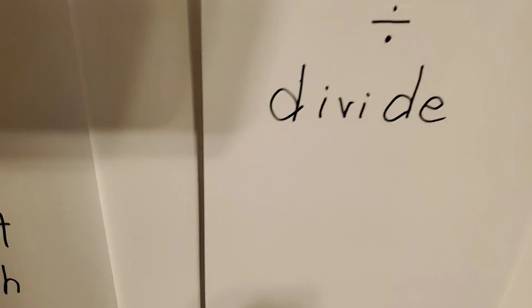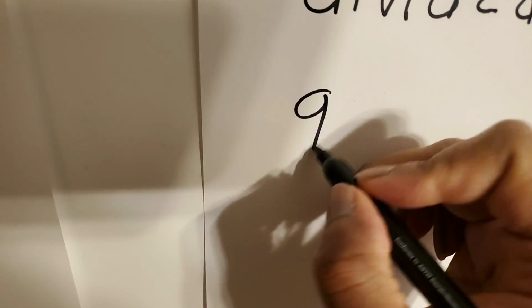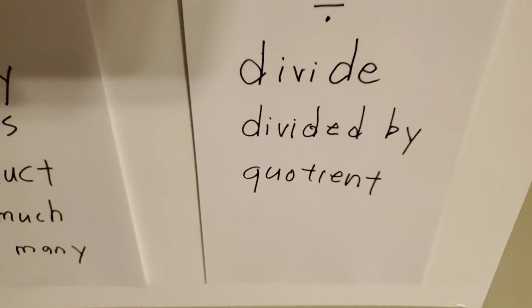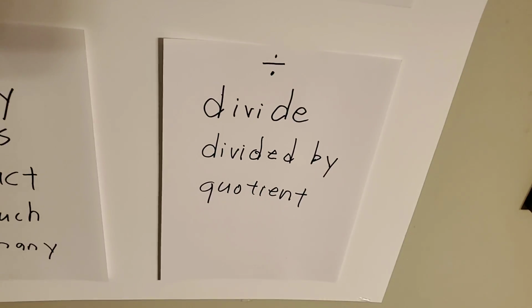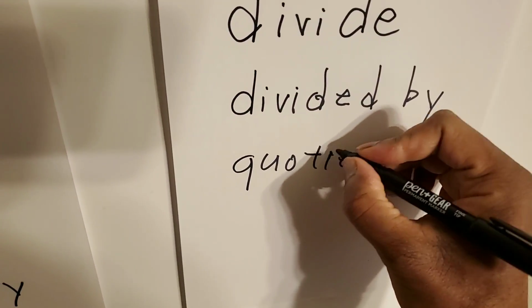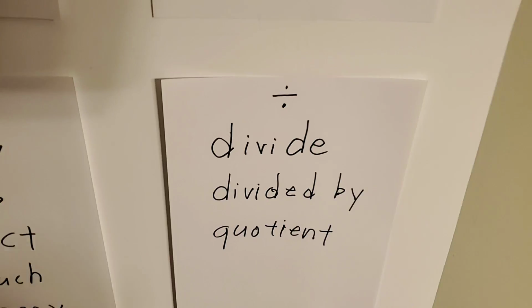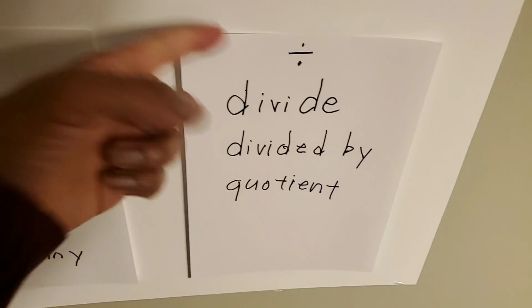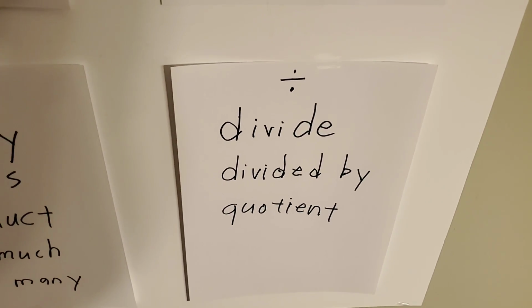You may think of divide, divided by. You might think of, this is a good one, quotient. So if you're reading a math sentence and you see words like divide, divided by, or quotient, this lets us know we are going to divide, and this is the operation we use.